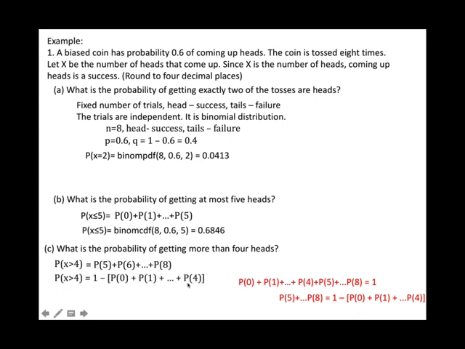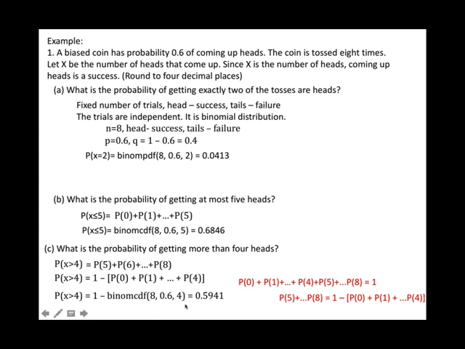For the next step, I'm going to write it like this: 1 minus P of 0 until P of 4. This part is cumulative from 0 to 4. So that will be 1 minus binomial CDF, cumulative starting from 0 until 4.